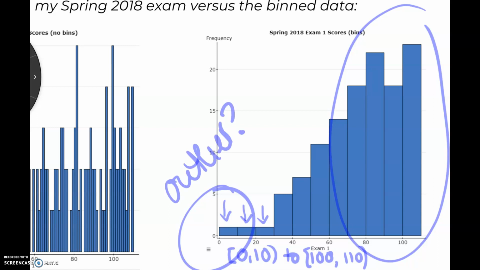For the center of our distribution, we would look at the peaks. Generally it looks like a lot of people got above 80%. Or we could mention that there's a peak between 100 and 110, and another peak between 80 and 90.